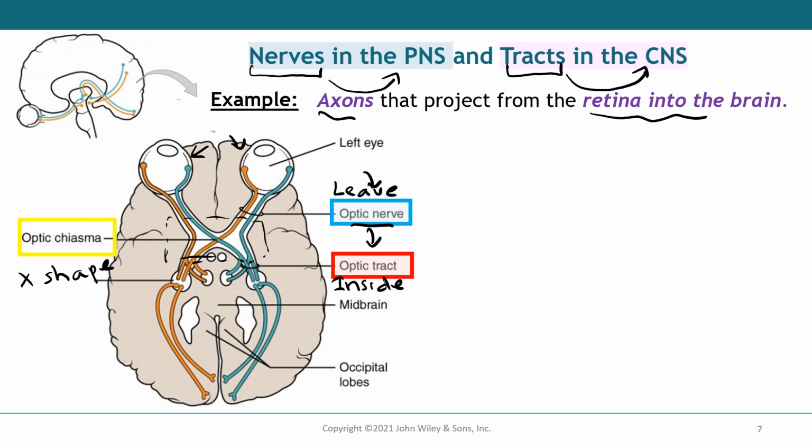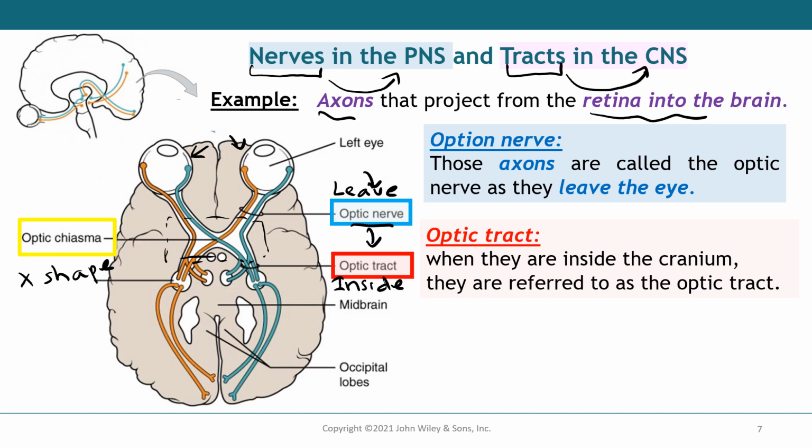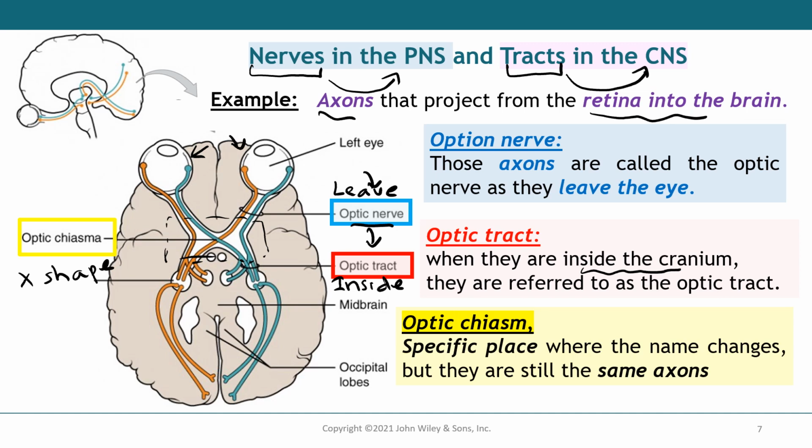So remember, in this example you can see the optic nerves as the ones that are leaving the eyes, and the optic tract as the ones inside of the cranium. However, when you see the crossing, the specific place that is the optic chiasma, the names are changing, but they are the same axons. So remember, one belongs to the peripheral nervous system, the other one belongs to the central nervous system.